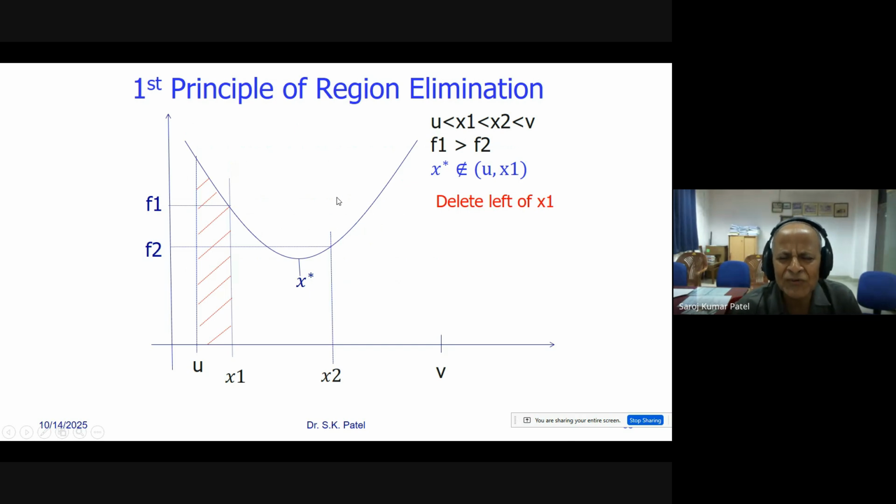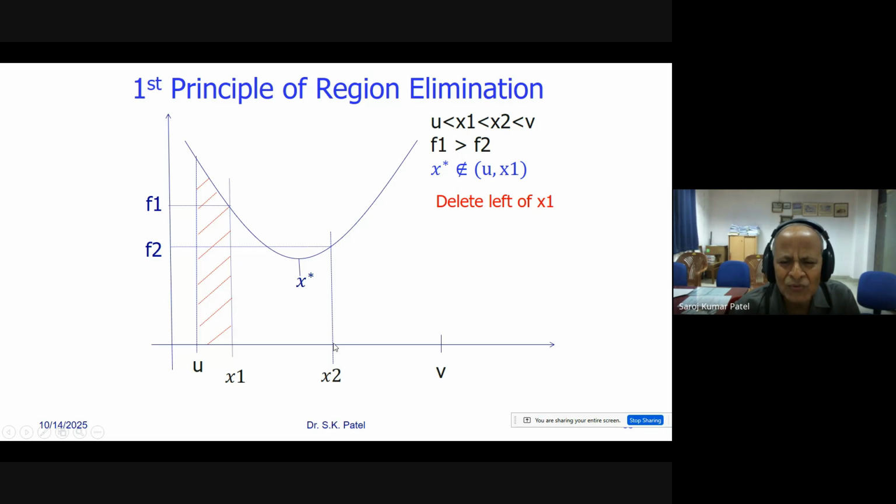Now let us first understand the principle of region elimination. See here, this is f of x, and the minimum point lies here, and the search domain is u to v. In the search domain, let us take any 2 intermediate points, x1 and x2. At x1, the value of f is from here to here, that is f1.